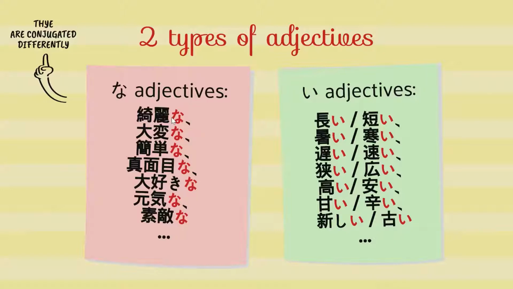So きれいな is beautiful, 大変な is difficult, and so on. These all end with the letter na. On the other hand, i adjectives end with i. For example, 長い、短い、暑い、寒い, which means long, short, hot, cold.